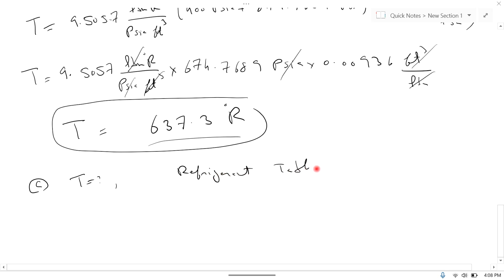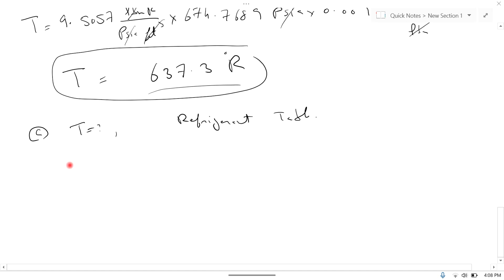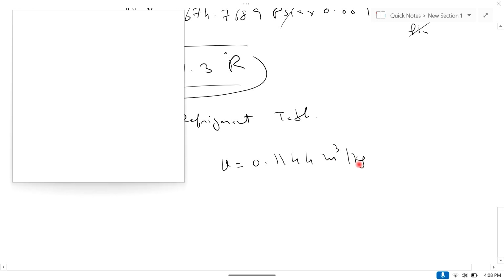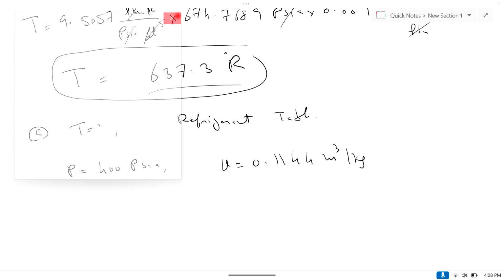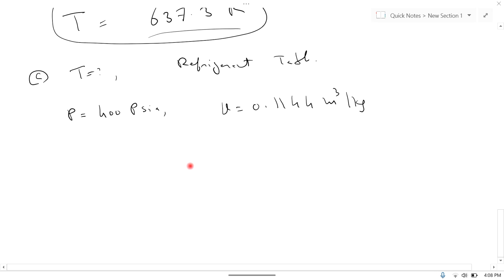So pressure is given to us as 400 psia, and volume is given to us as 0.1144 cubic feet per pound mass. So we can find temperature with the help of pressure and volume.